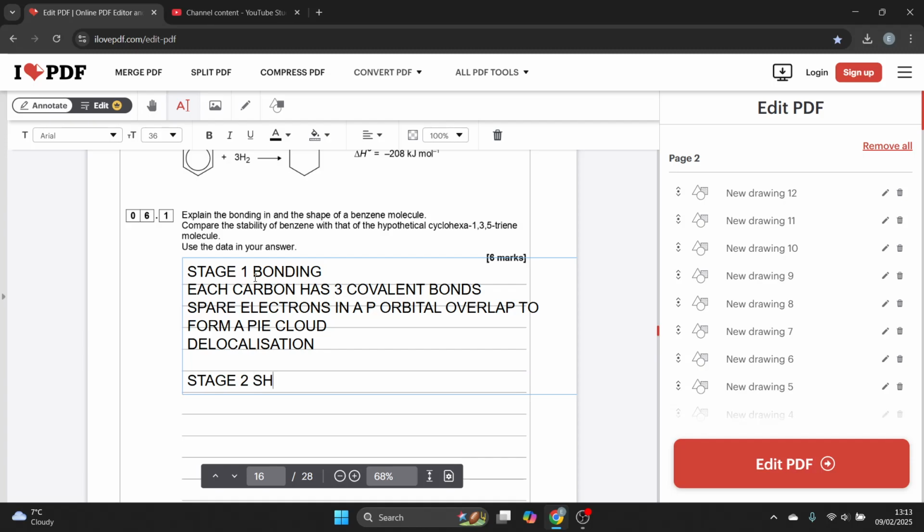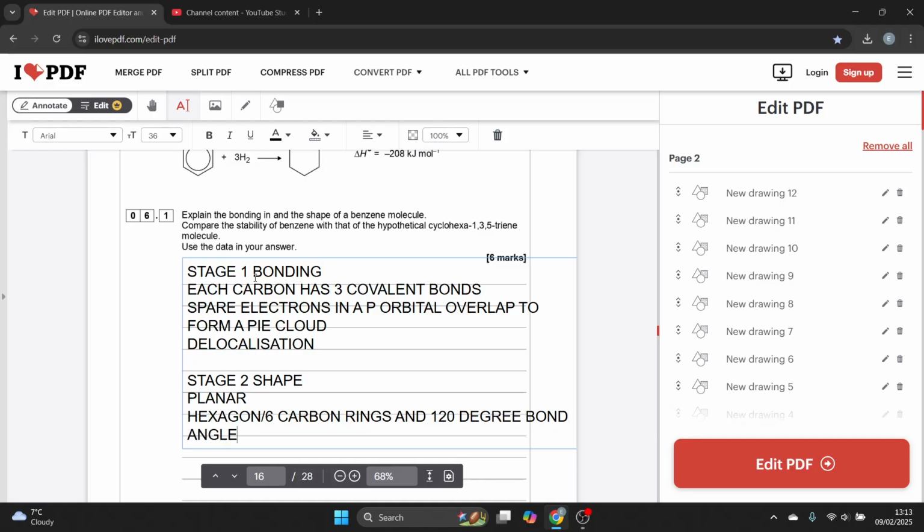Stage 2 shape, planar, hexagon / 6 carbon ring and 120-degree bond angle. Carbon-carbon bonds equal in length.